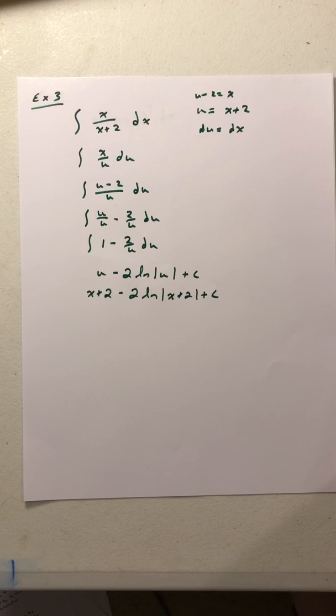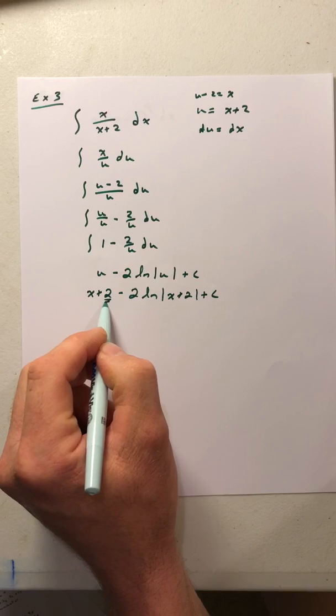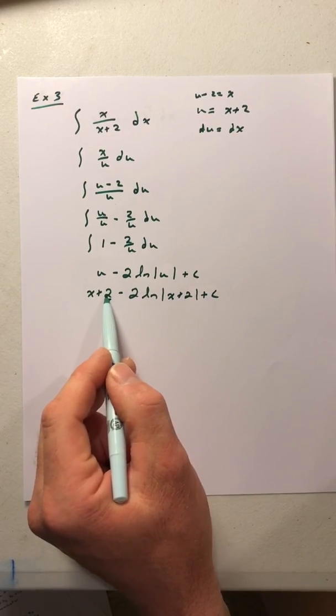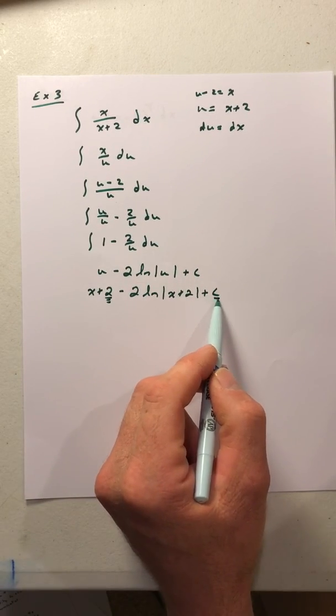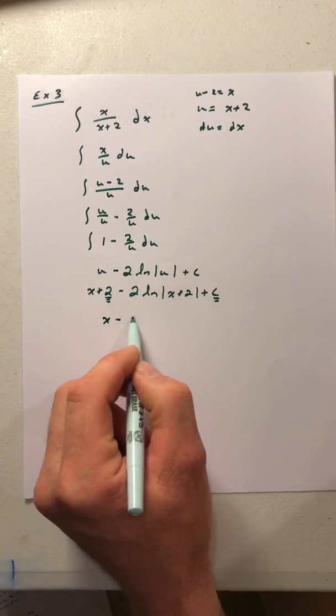And some of you might see this as our answer, and that's fine. We can leave it like this. But for a multiple choice answer, or an answer in the back of the book, if we look at this plus 2, what do we know about 2? 2 is, you got it, a constant. If I take 2, which is a constant, plus another constant, well, what is a constant plus a constant?